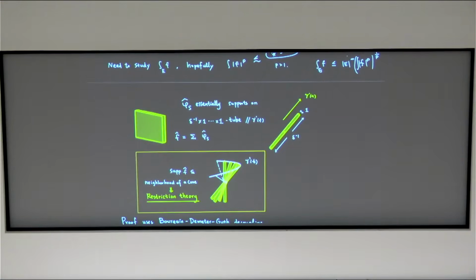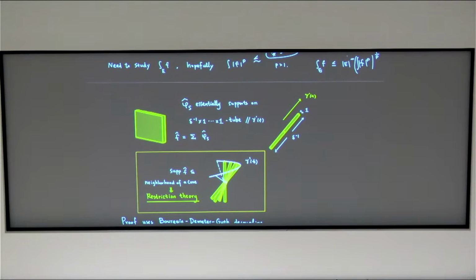And now we know that the Fourier transform of f is supported on the union of those tubes pointing in direction gamma prime t. So the support is very close to a cone over gamma prime t. And now this becomes some function with Fourier transform supported on some curved object.